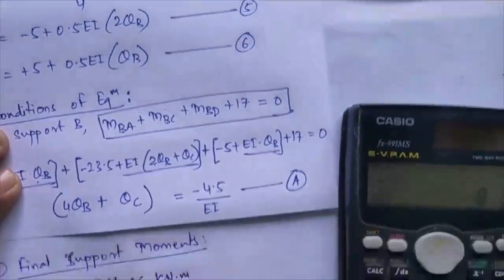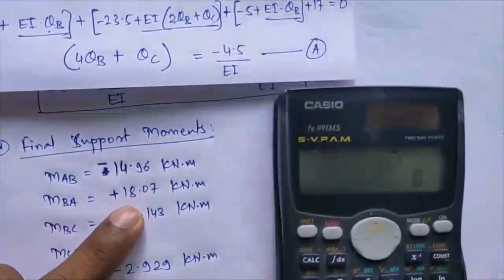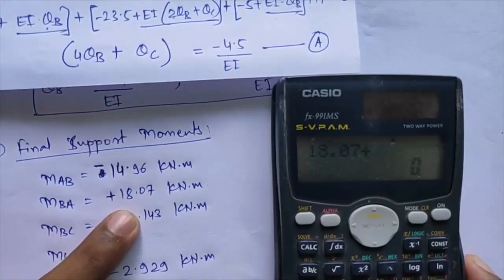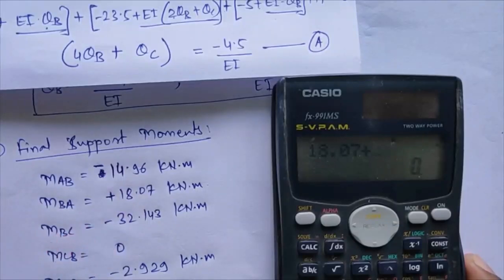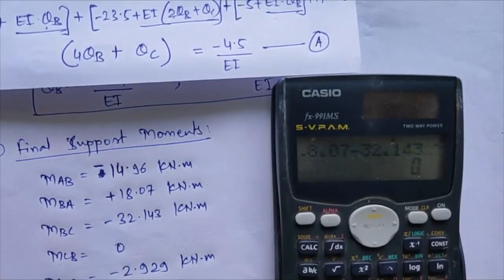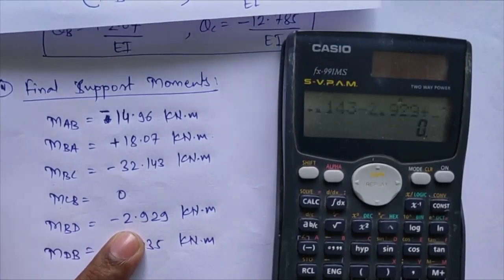See, MBA I am getting as 18.07, plus the next value MBC as minus 32.143, and the next value MBD as minus 2.929, plus 17.